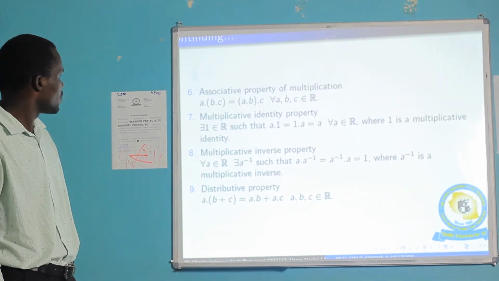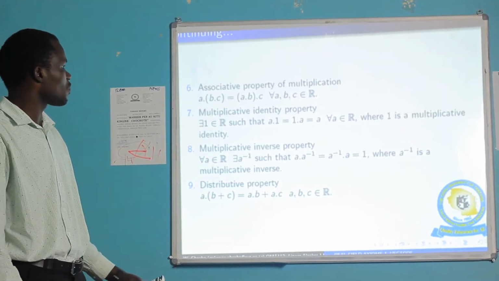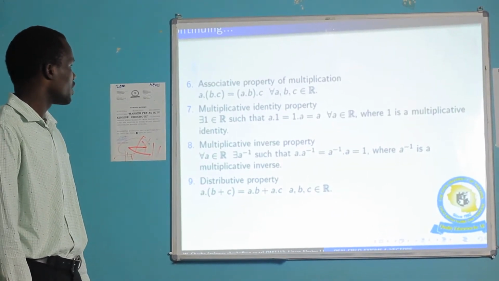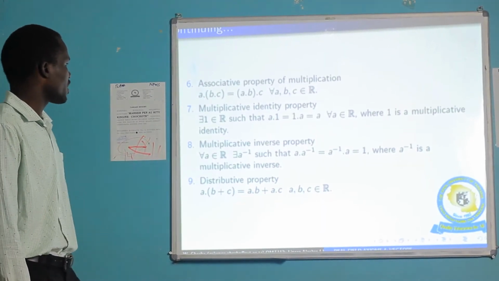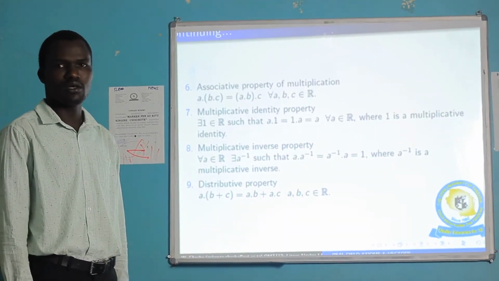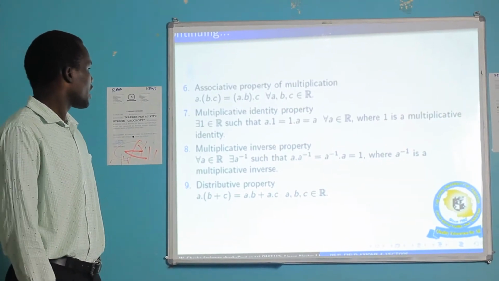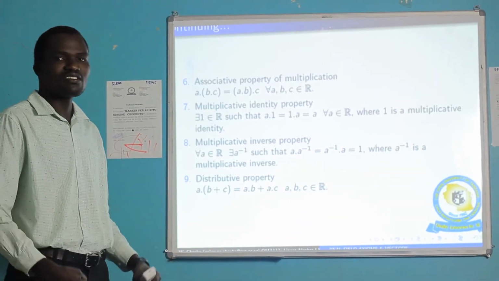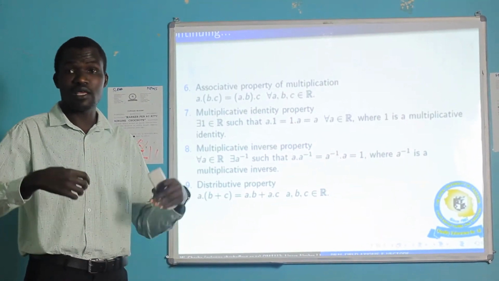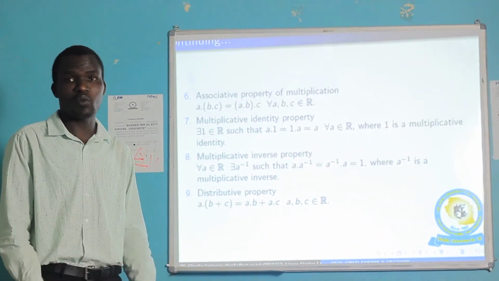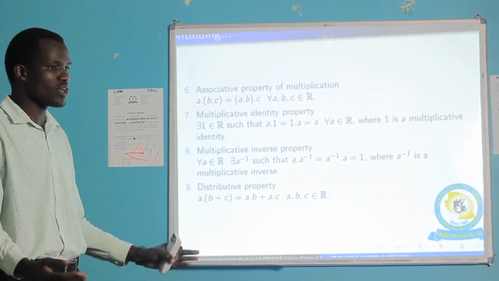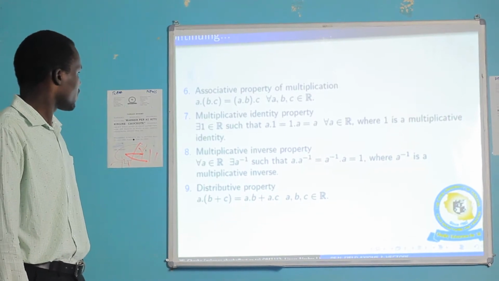Next, we also have the associativity property of multiplication. If we take A times, in brackets, B times C, this is equal to A times B in brackets, then multiplied by C. For all real numbers, this is satisfied.